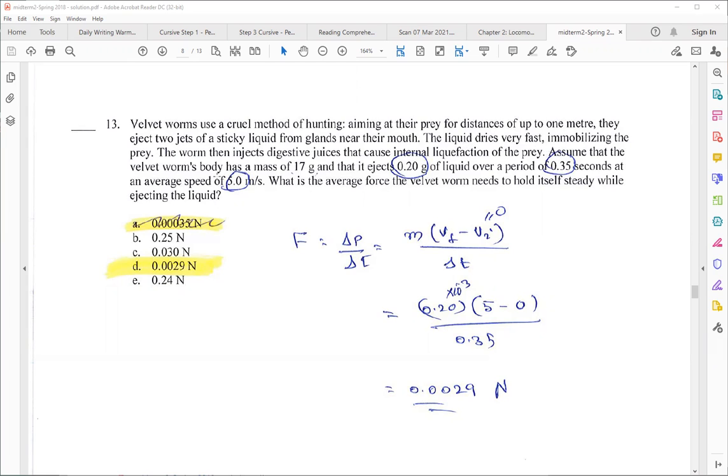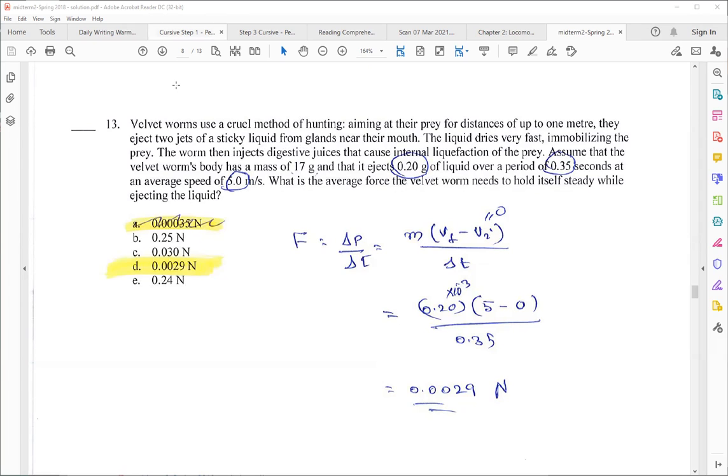Assume that the velvet worm's body has a mass of 17 grams and that it ejects 0.2 grams of liquid over a period of 0.35 seconds at an average speed of 5 meters per second. What is the average force the velvet worm needs to hold itself steady while ejecting the liquid? Now, it's a long question.